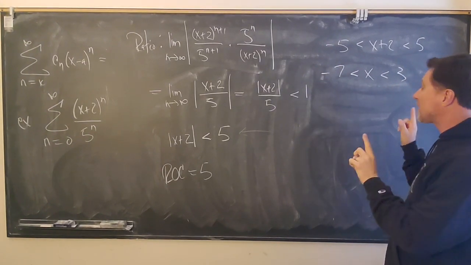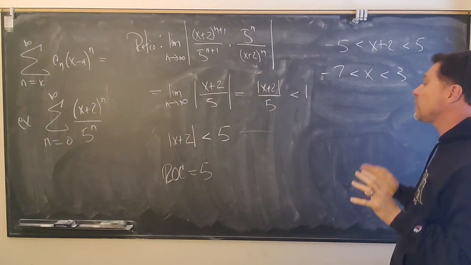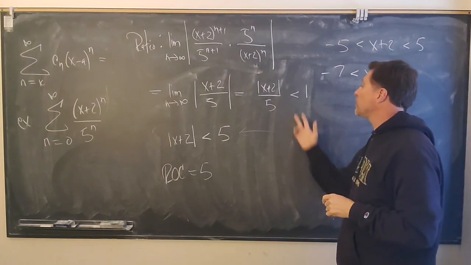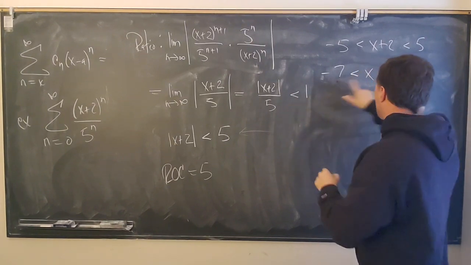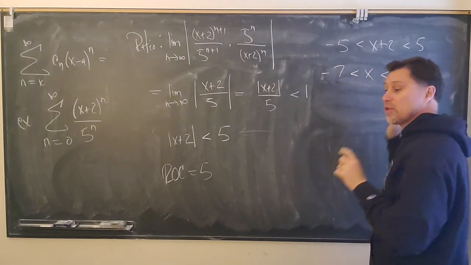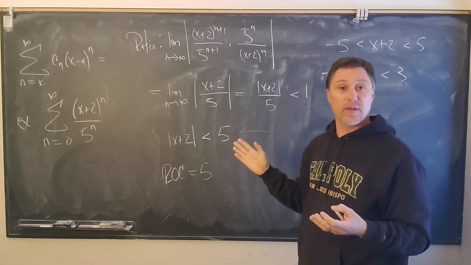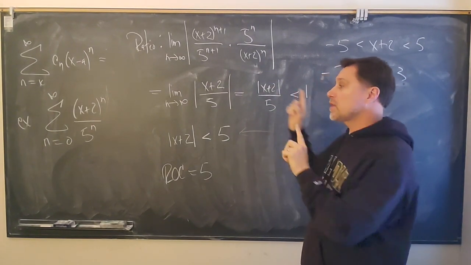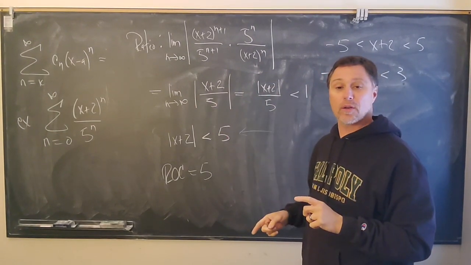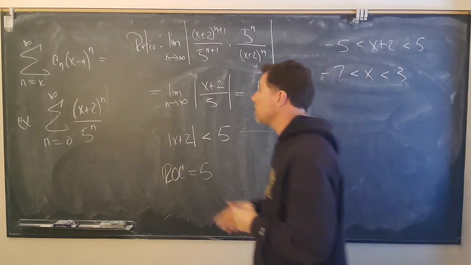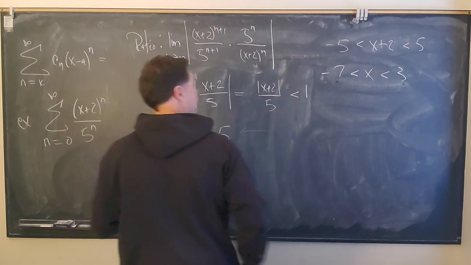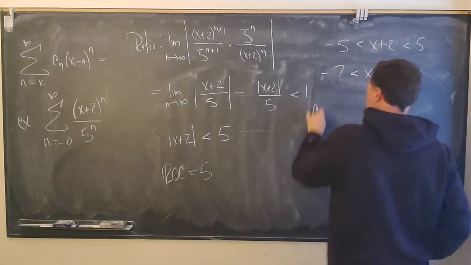Okay, so the points that I need to check: remember, the ratio test gives us no information when the limit is actually equal to 1. And that corresponds to these two places here. So that means that it could be convergent or could be divergent. We want to plug those endpoints back into the original power series and then use whichever test works to determine whether it's convergent or divergent. So we check the endpoints.